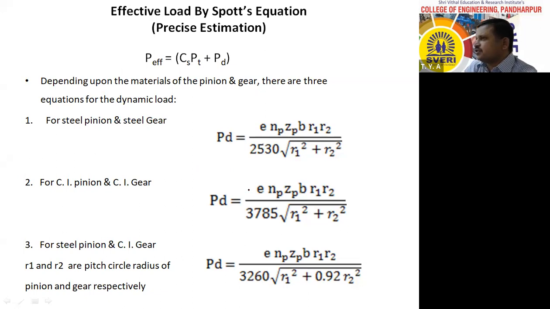Pitch circle radius means what? Pitch circle diameter divided by 2. What is the formula of radius? Diameter divided by 2 is radius, remember. Basic things are there. These are not new things.